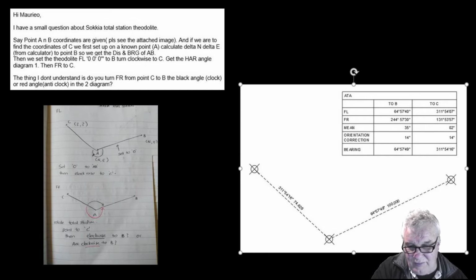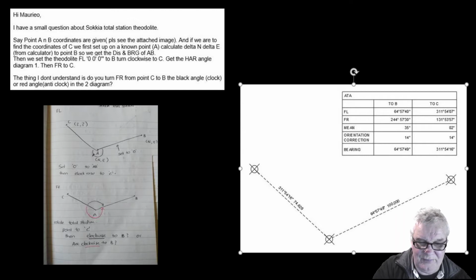Or you can work out this angle down here, which would be 244.57.49, which would be that bearing out there, minus 131.54.16.